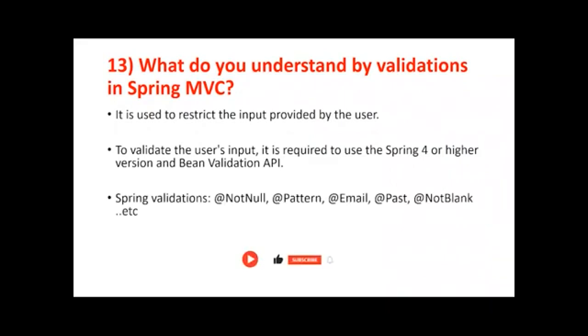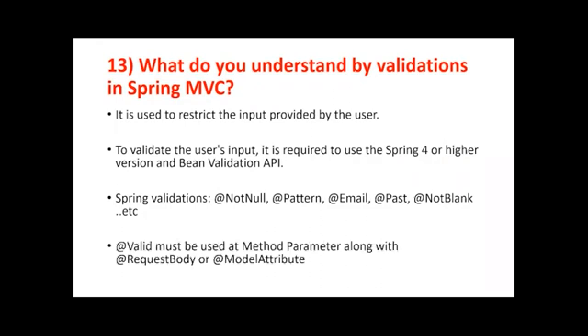Some validations are @NotNull, which will not accept null values; @Pattern, where you can mention something like a name should have 4 characters, all uppercase letters; @Email; @Past, generally used for the date concept, and we can use future and past; @NotBlank, where null and empty space are also not allowed. We have to use the @Valid annotation along with @RequestBody or @ModelAttribute: @Valid with RequestBody or @Valid with ModelAttribute.